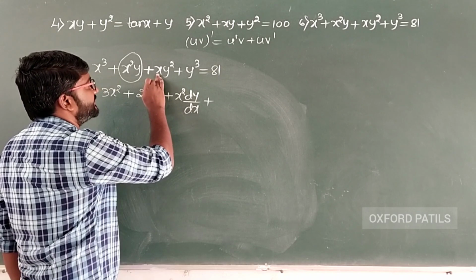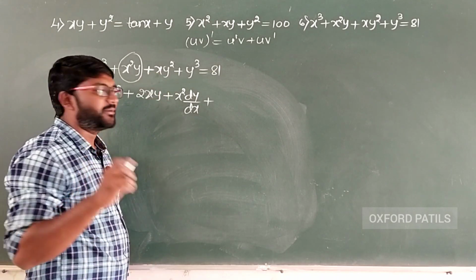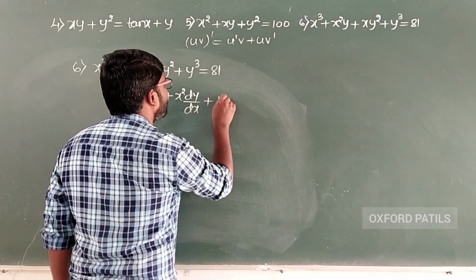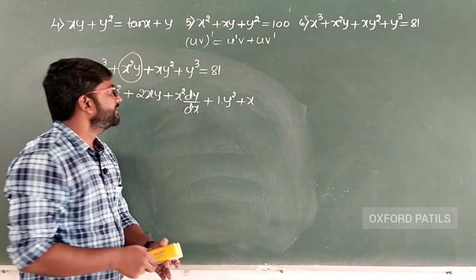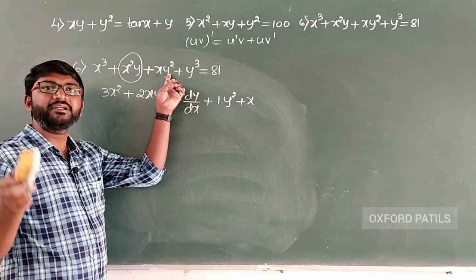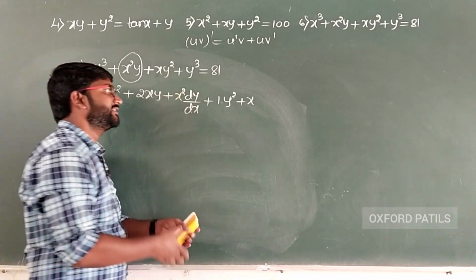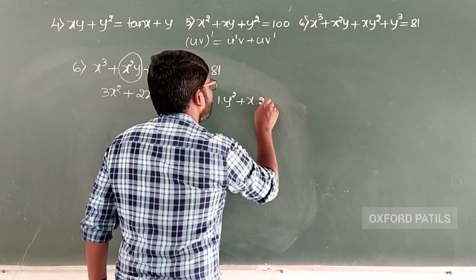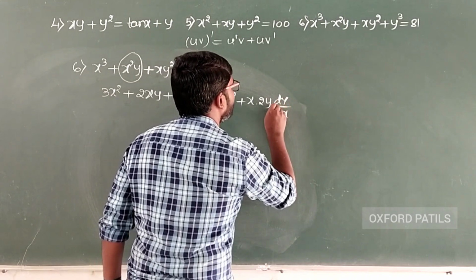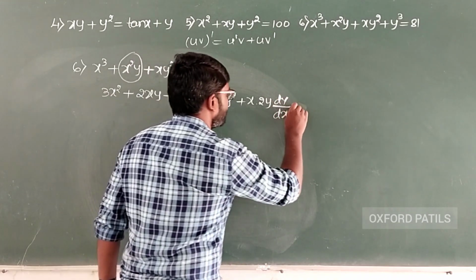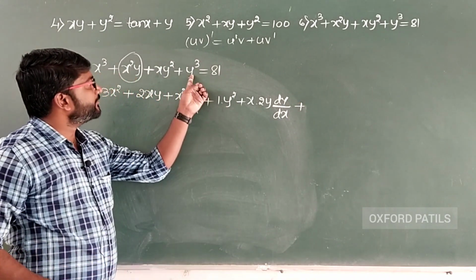Plus, now u dash, what is the derivative of x? It will be 1. So 1 into y square plus x, I will be writing it as it is. Now derivative of y square will be 2y into dy by dx, plus derivative of y cube.